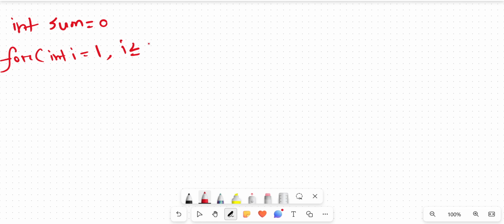In this data structure series, I am going to talk about another question of time complexity. So let's write the question. Let me write it like: integer sum = 0, and for integer i = 1, i less than or equal to n, and i++.